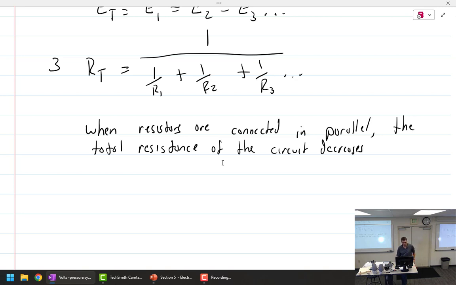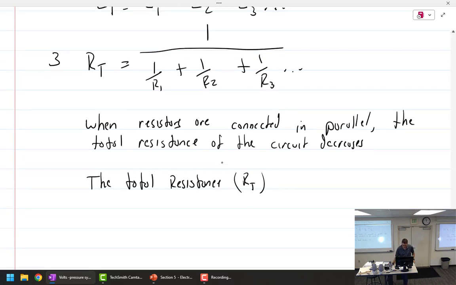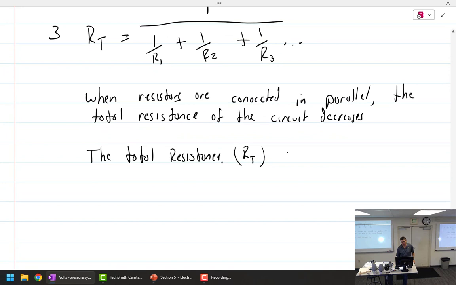Also, the total resistance, which is R total, is always less than the smallest resistor.